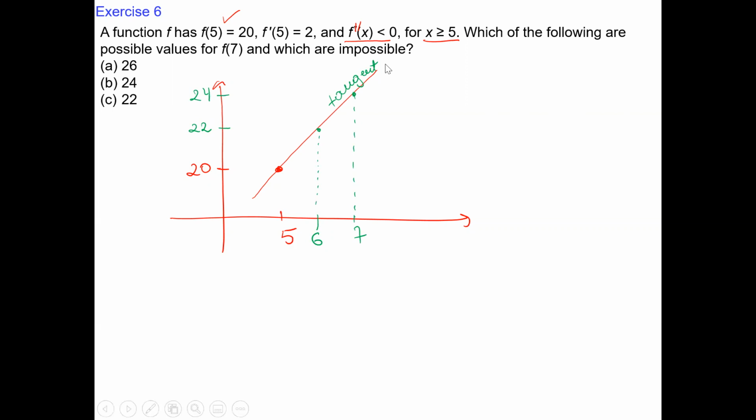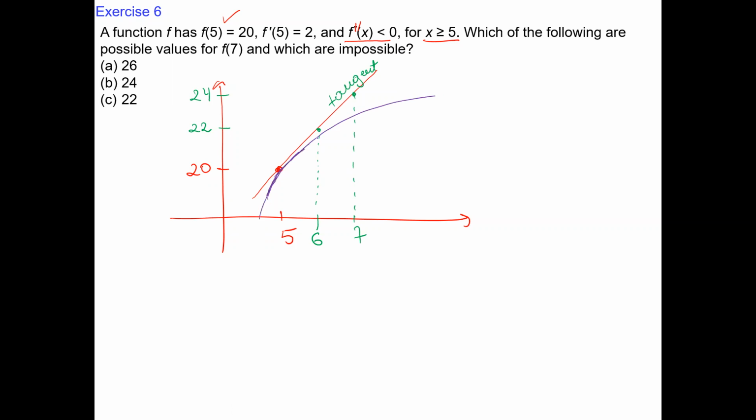Now, the second derivative is negative. Then we know that the function is concave down. If the function is concave down, it will definitely be placed below the tangent.